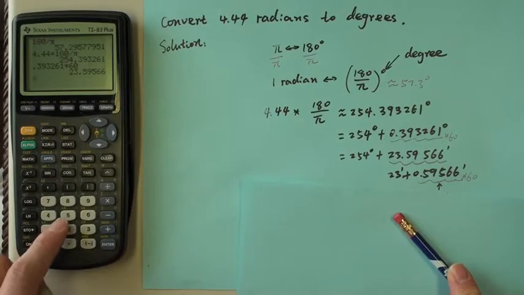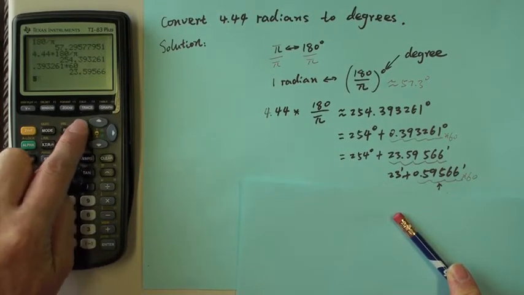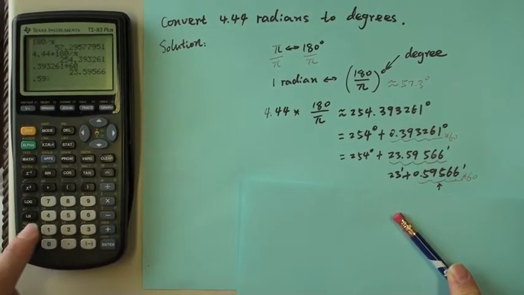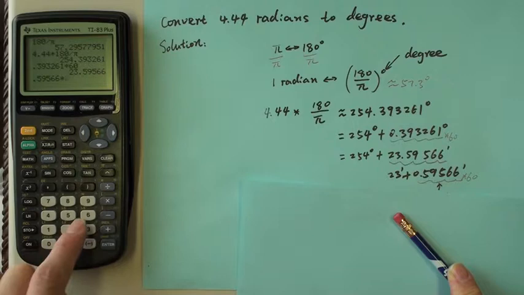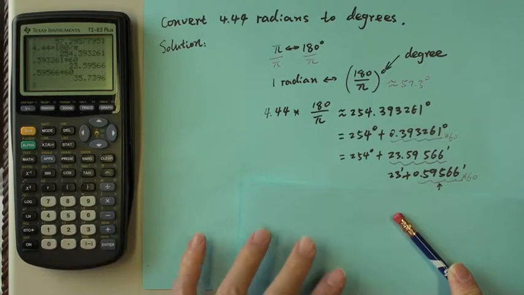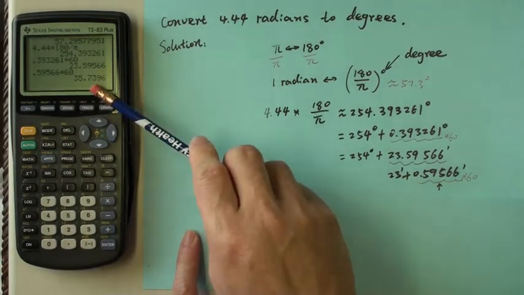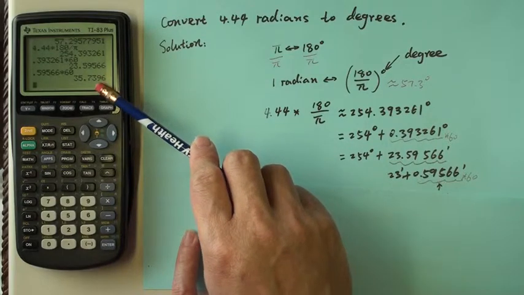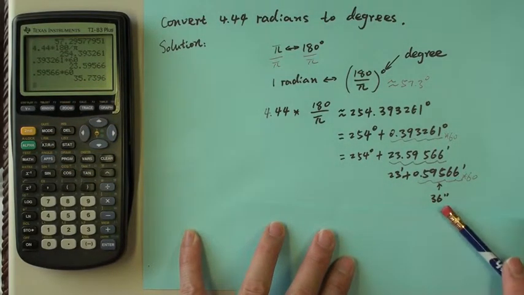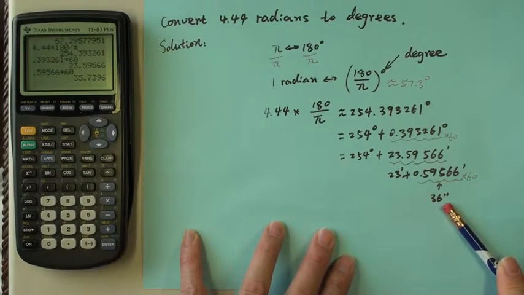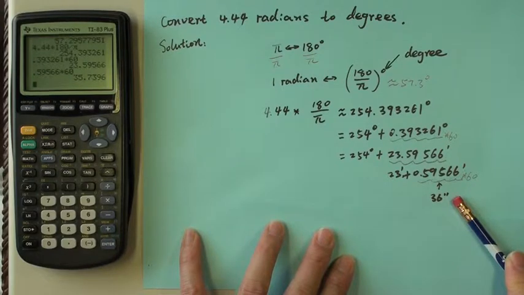So we do 0.59566 times 60. So it's like 35.7, and then we round it up. It's going to be 36 seconds.